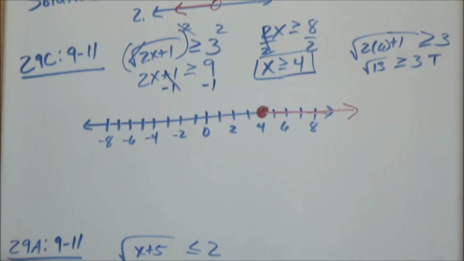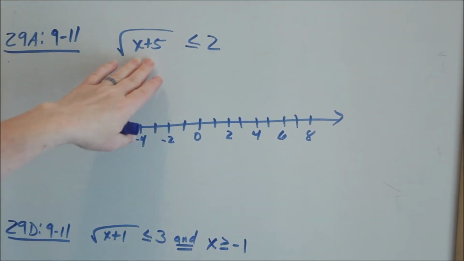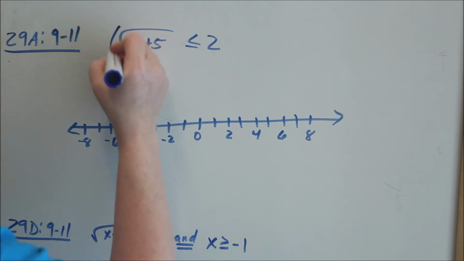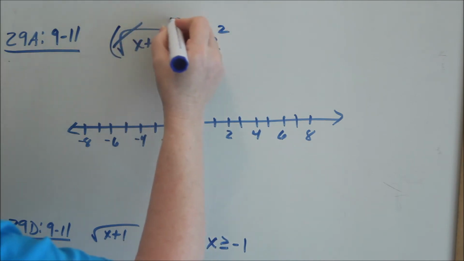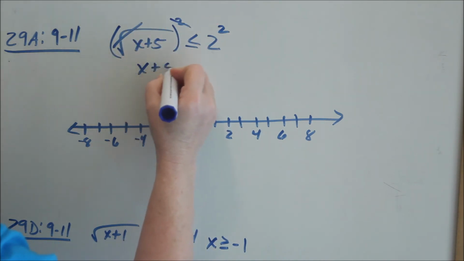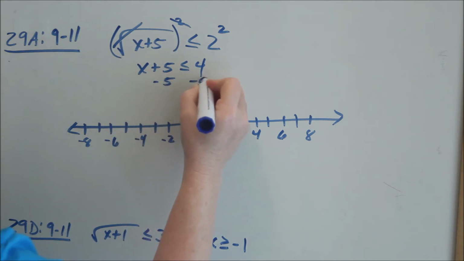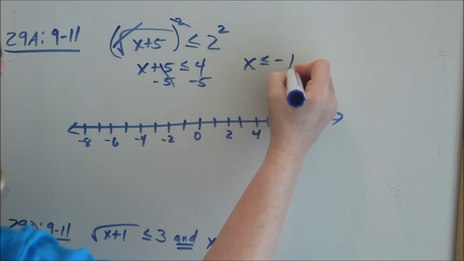29, let's look at 29A, 9 through 11. So you have this. So solve it just like there was an equal sign there. Get rid of the radical by squaring both sides. x plus 5 is less than or equal to 4. Subtract 5 from both sides. x is less than or equal to negative 1.